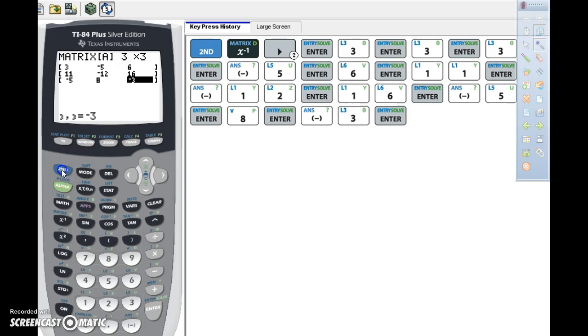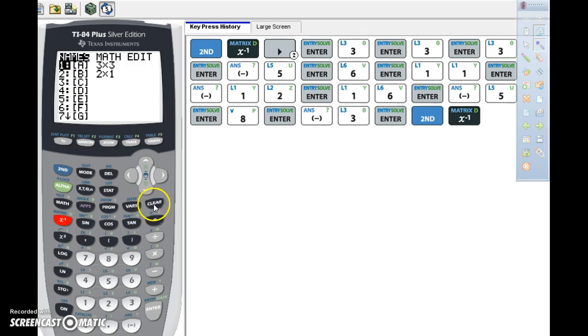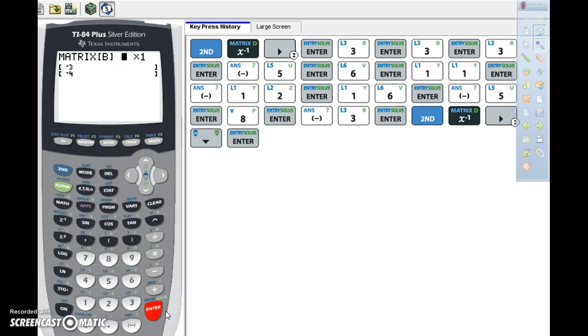Matrix B. You go into the matrix, like the movie. Going into the matrix? All right, and it was, how many rows does the matrix B have? 3 and 1.